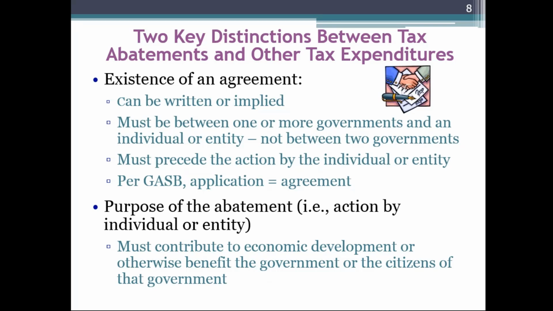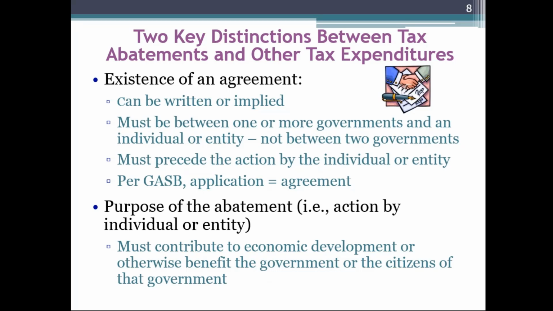So in other words, if you do something and then enter into an agreement, that would not be a tax abatement covered by GASB 77. And according to GASB, an application is an agreement. So if you have to apply for something, then that is an agreement. The purpose of the abatement has to contribute to the economic development or otherwise benefit the government or citizens of that government.